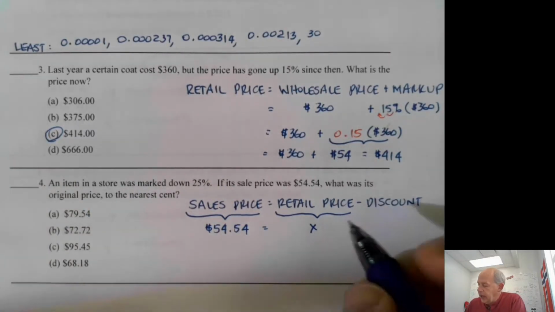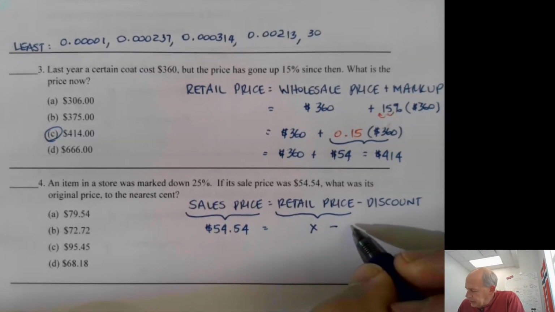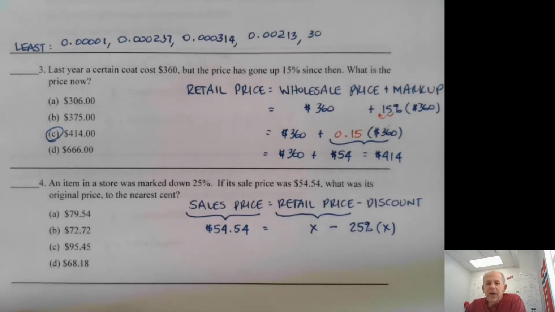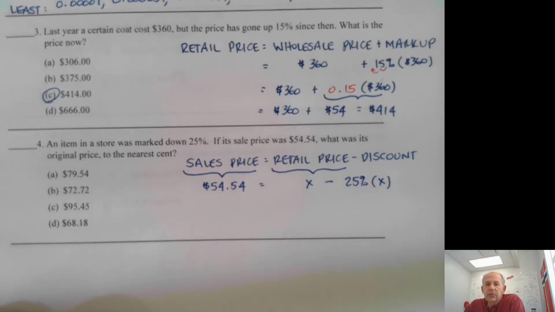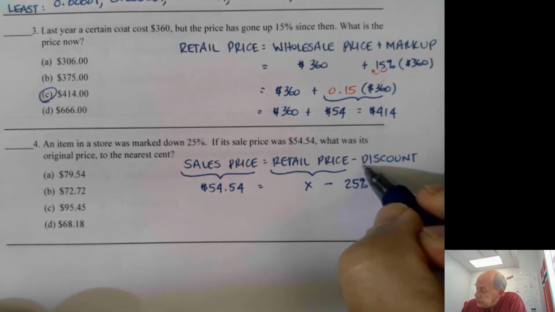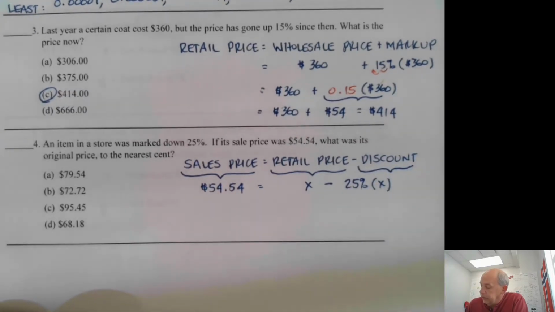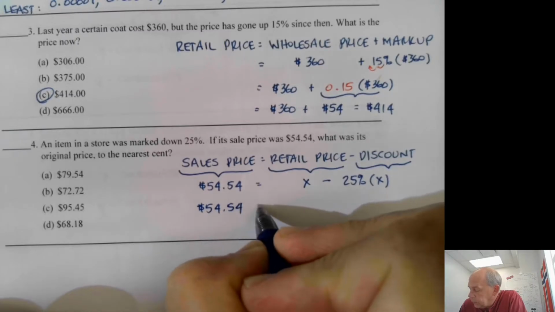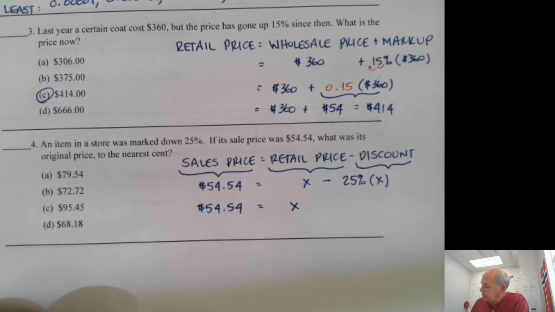So I'm just going to call that x. I know it was discounted 25% off of some value x. So there are my values into my formula. So I have 54 is equal to x.